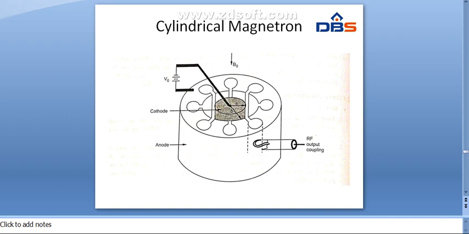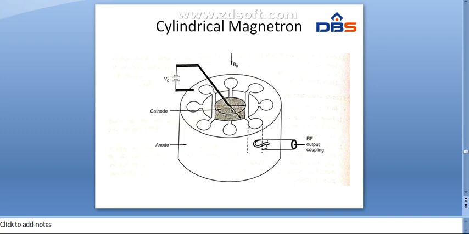Here the DC voltage V0 is applied between anode and cathode. The magnetic flux density is maintained in the positive z direction by an electromagnet.